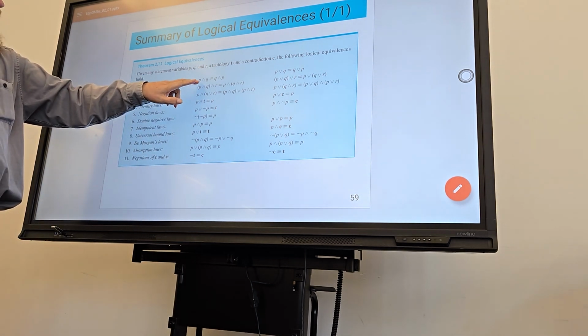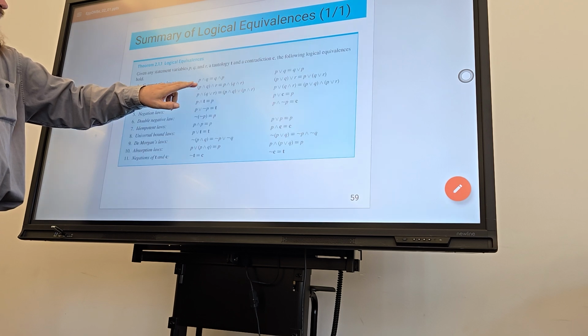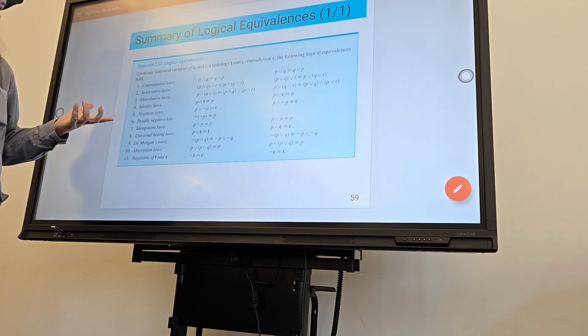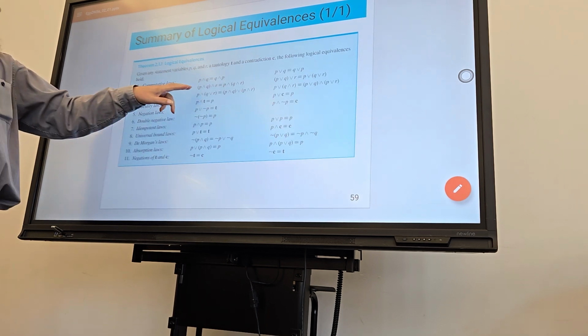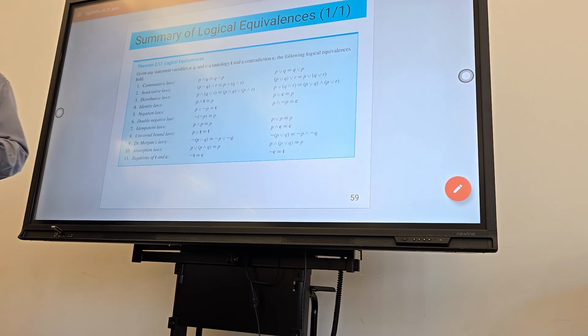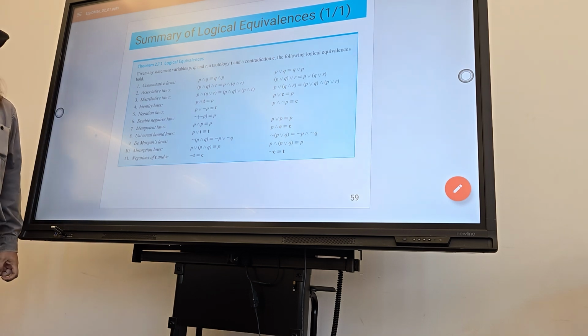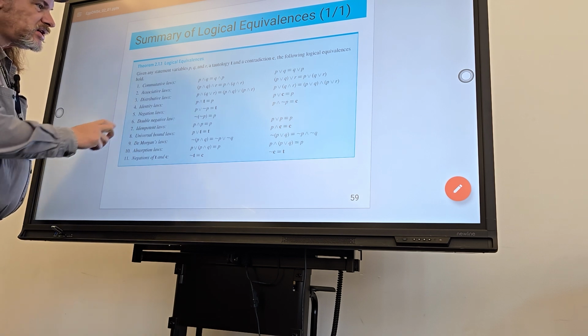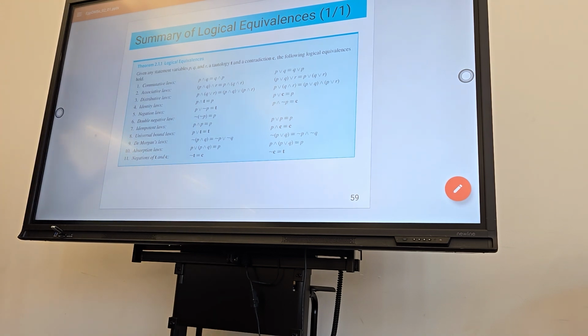commutative law: P and Q is the same as Q and P. The associative law works with ands as well, the associative law that you recognize from algebra. The distributive law is a little bit screwy with logic.